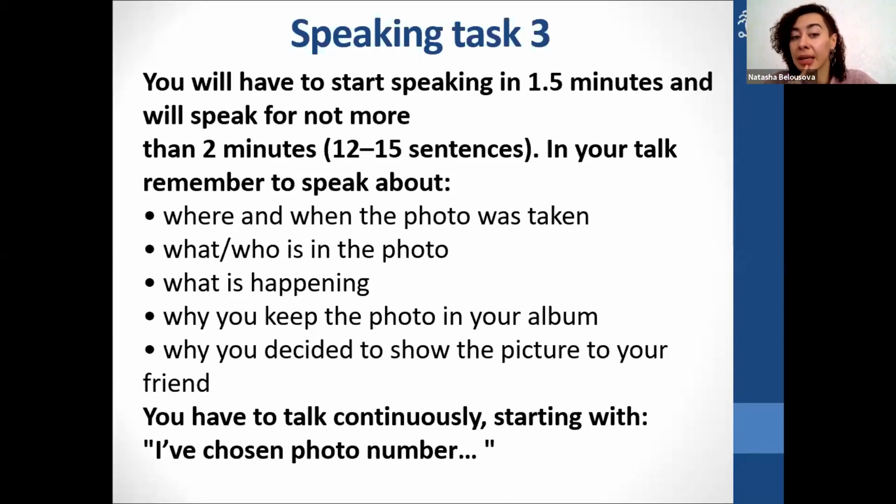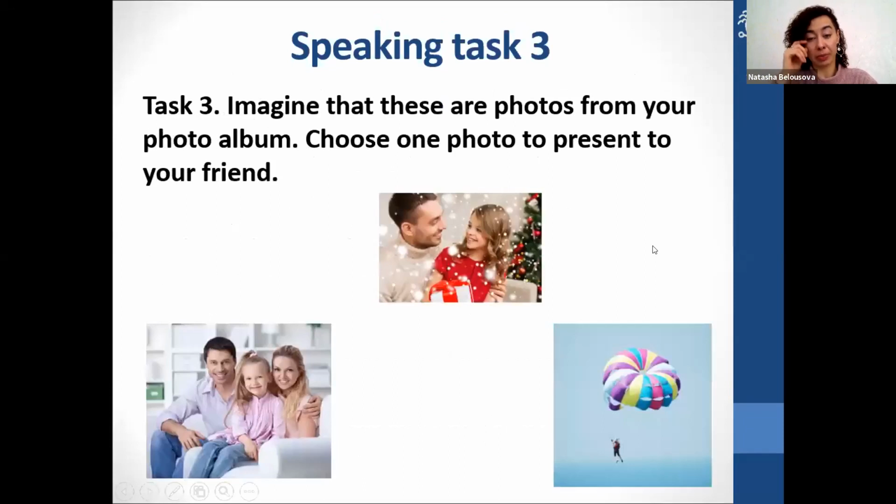And there is another thing, which is very, very important. The students can't really describe something which we can't see in the picture. So I'll go back to the previous slide just to have a look at the pictures. For example, if we look at the first picture where you can see a dad probably with a beautiful daughter and a Christmas tree in the background.